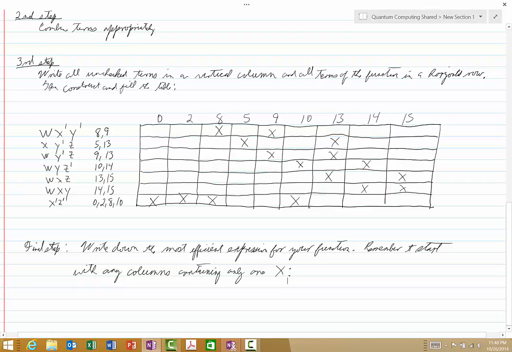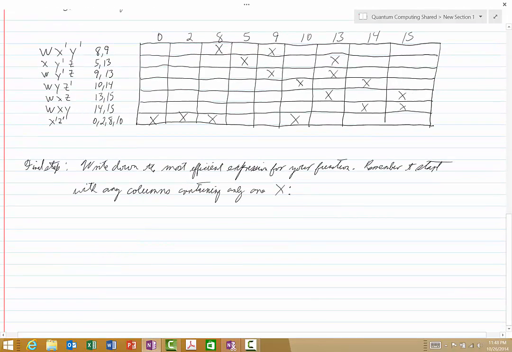Well, the fact that there's only one X in this column tells us that the only way that we can take care of this 0, which was present in our original function and therefore must be present in our final expression, is through the inclusion of this last term, x prime z prime. So that must be in our expression.